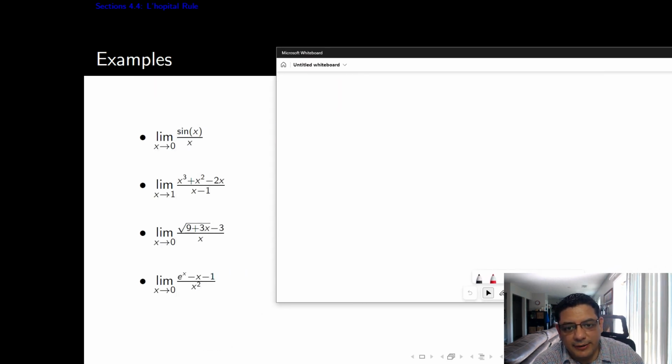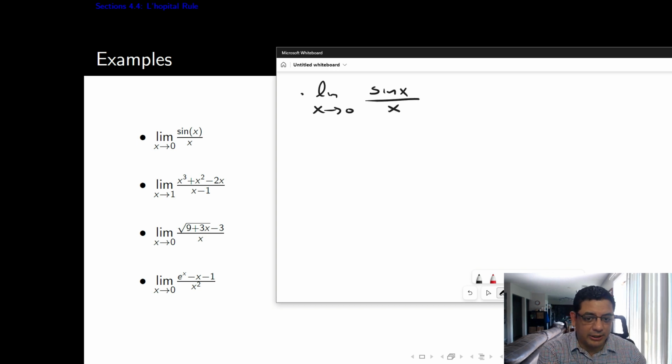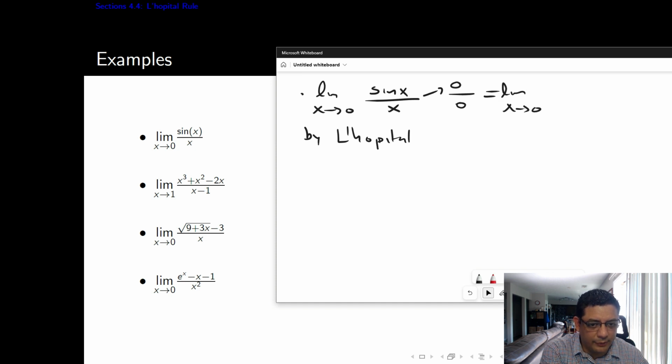Let's start with the simplest one, which is the one that we mentioned before: the limit when x goes to 0 of sine of x over x. Notice that if we plug 0 in here and here, this is the form 0 over 0, and both of these functions are differentiable. So by L'Hopital's rule, this is equal to the limit when x goes to 0 of their derivatives. The derivative of sine is cosine, and the derivative of x is 1.